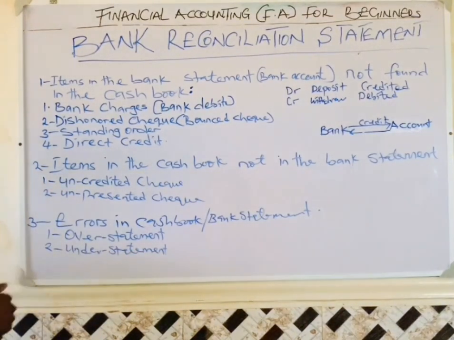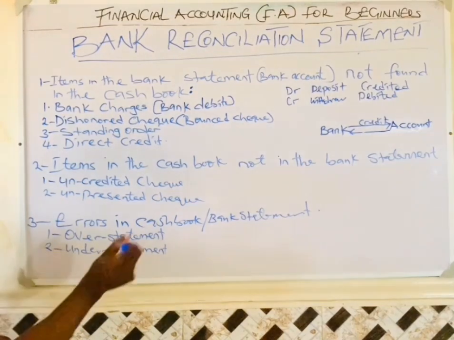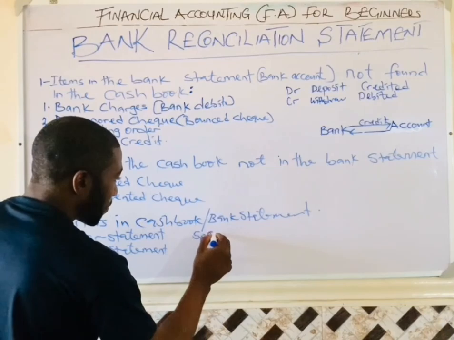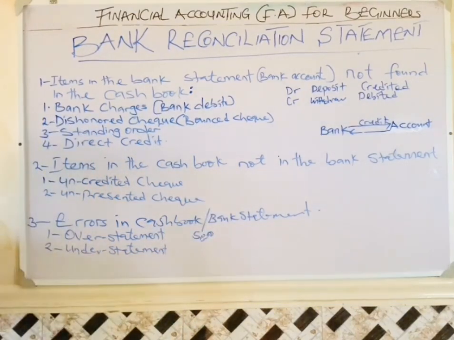So if you overstate your cash book, that is the bank column or balance in the cash book, say with $5,000, it will never agree with the account in the bank.